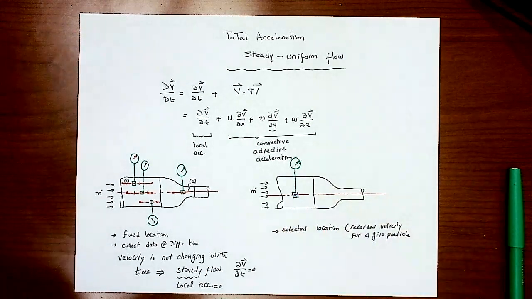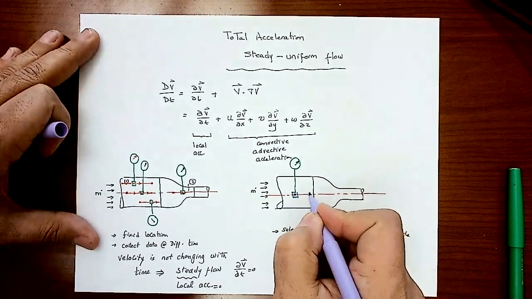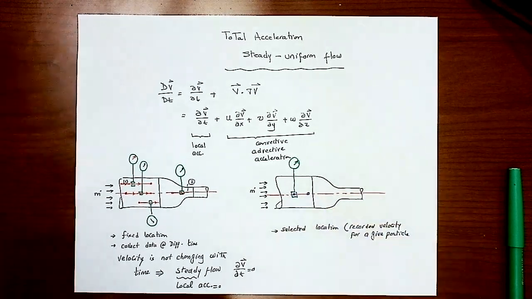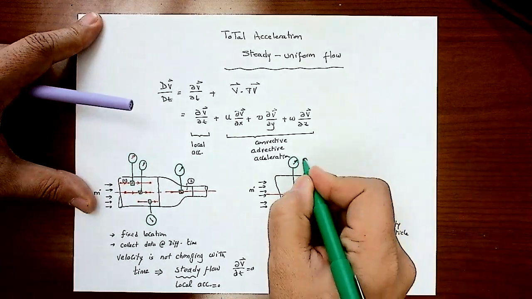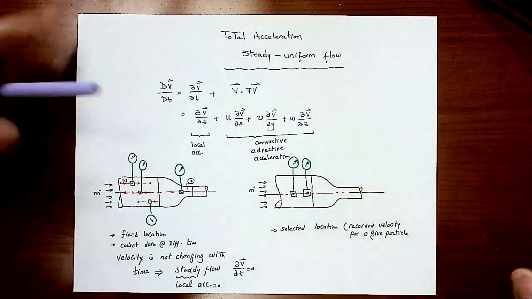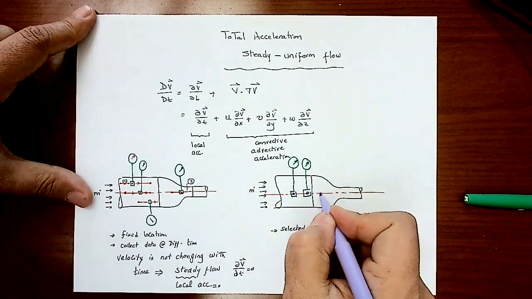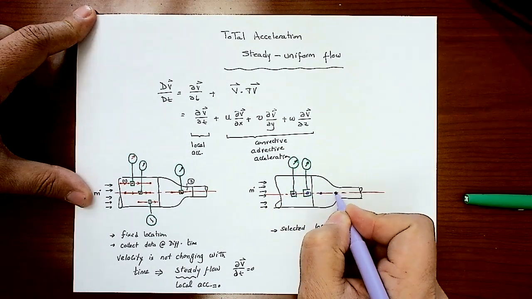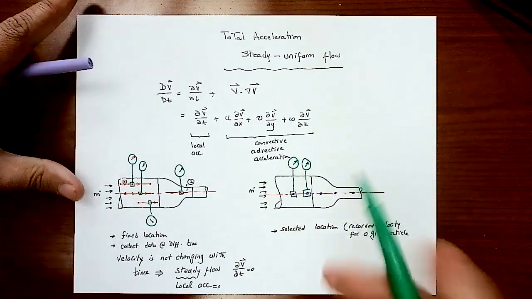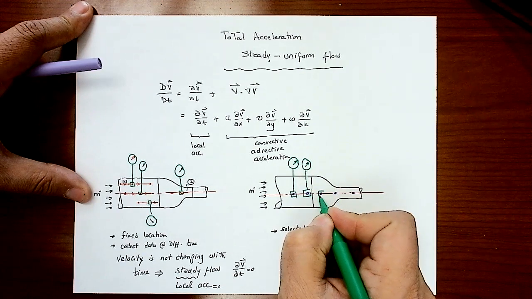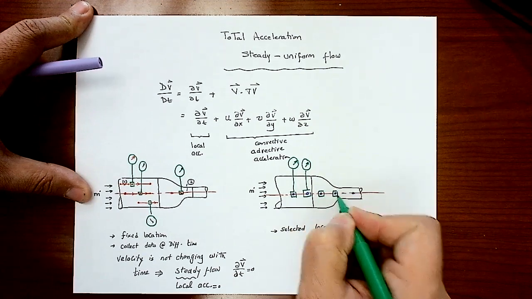Then that pink particle or the purple particle will continue to move. So the particle will be in here. I will move my velocity meter with that particle and keep my eyes on the velocity. Then as time goes on, it's going to be here, it's going to be here, it's going to be here. Again, I will move my velocity meter with that specific particle.